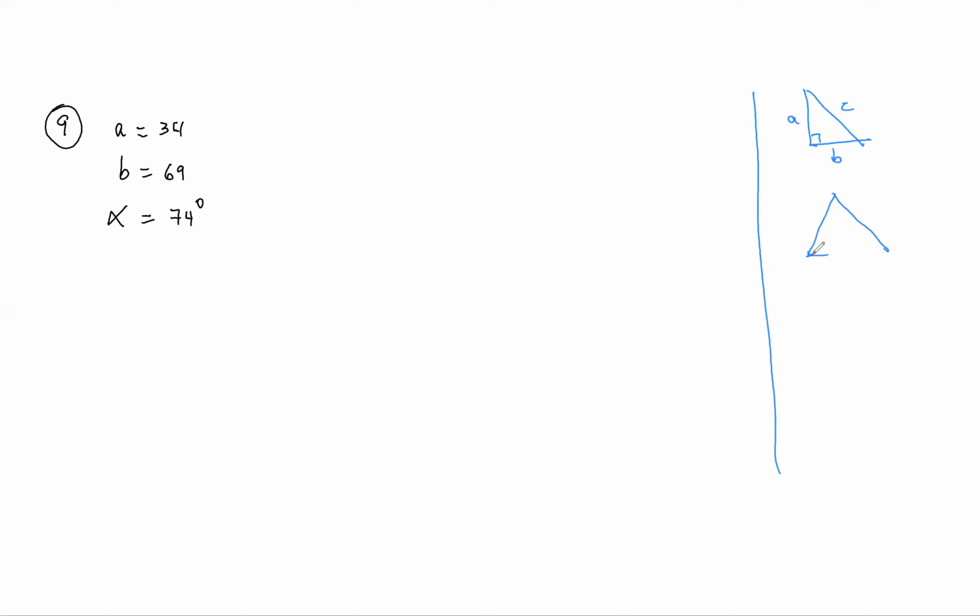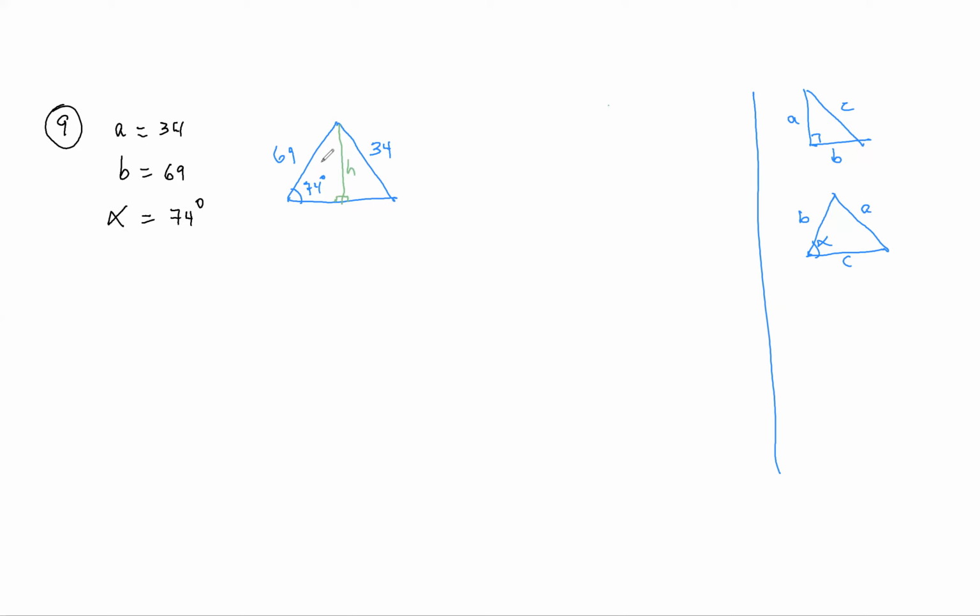It will be A, B, C, and this one will be alpha: 74, 69, and we got 34. The question is to determine the number of triangles. Apparently, we got one triangle, but we don't know if it's fake or not. In order to check if the triangle is fake, I need to find an imaginary edge.